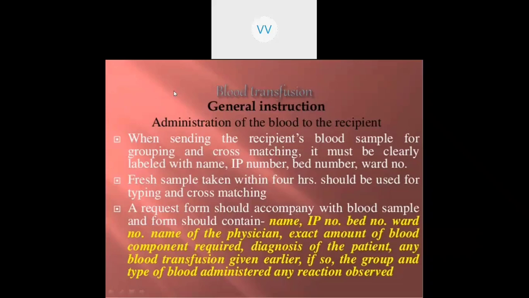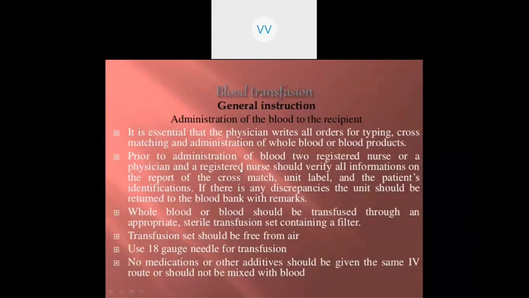These are all the contents that will be written by your physician, and this form should be given to the blood bank technician. After they check all these things, they will give 1 unit of blood or however much is needed.